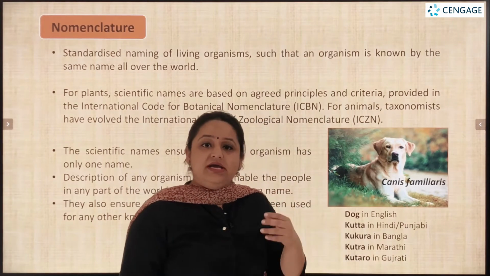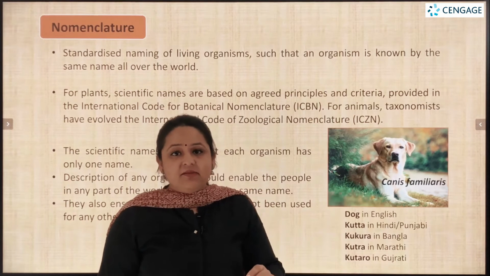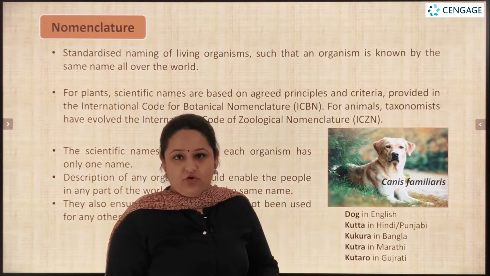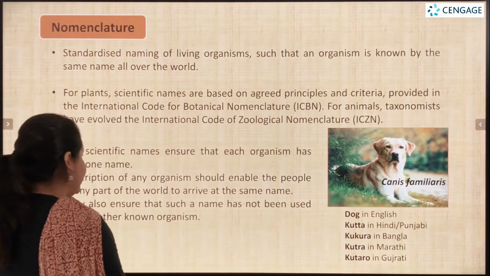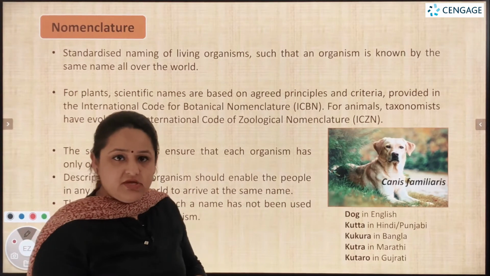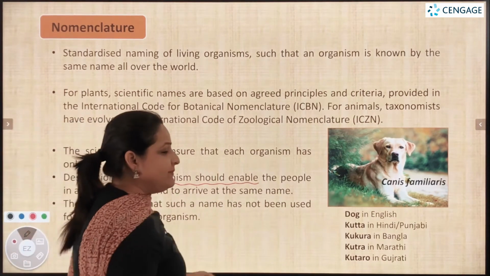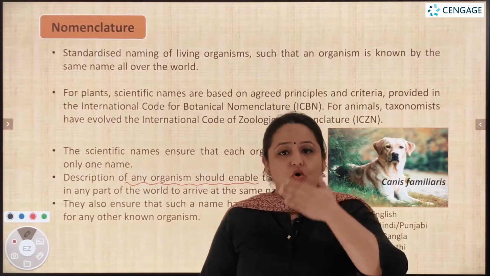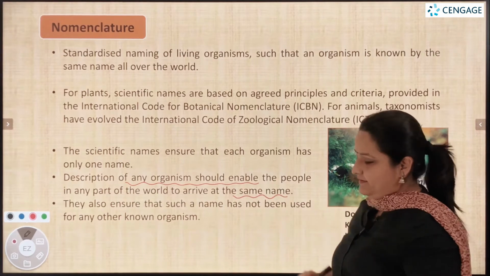So dog is known as Canis familiaris. It is the scientific name or the biological name of dog, and by the name Canis familiaris, this organism can be recognized throughout the world.